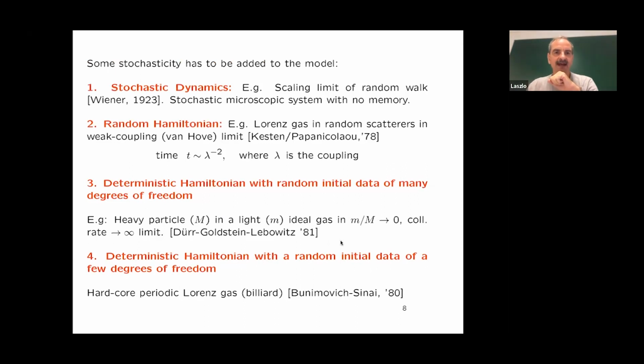Now we have to add some stochasticity to the model. This makes life easier. And on which level you add the stochasticity, that determines a lot about the difficulty of the proof. So the stochasticity you can add in at various points. The easiest would be if you consider stochastic dynamics, which is basically what the random walk is, or you can take the scaling limit of the random walk and you lead to the Wiener process.